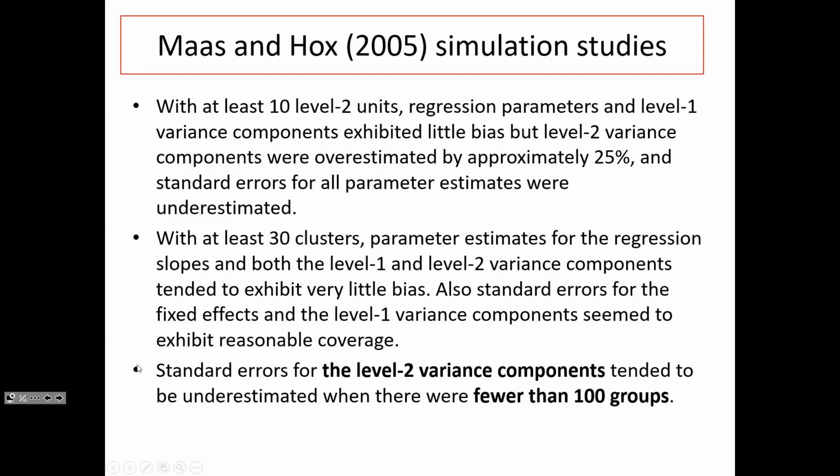But what I don't get with 30 groups is trustworthy standard errors for the level 2 variance components. If you believe in them and you care about them, then you need at least 100 clusters to get good estimates of the standard errors for the variance components, which is just another nail in the coffin for using standard errors of variance components for statistical significance testing.